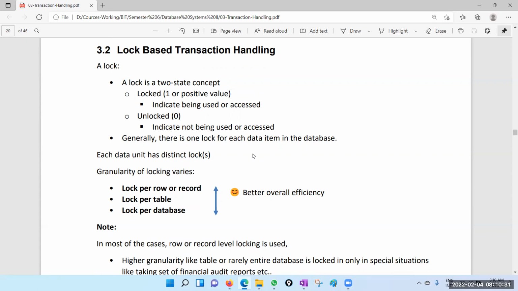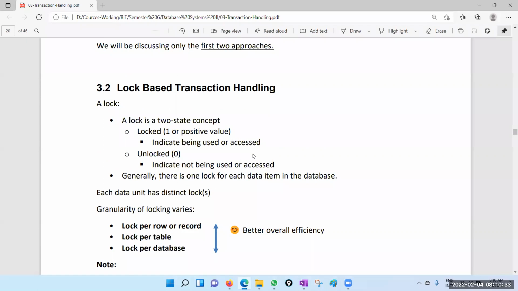It's something like the lock of a washroom. If you want to go to the washroom and someone has locked it, you have to wait until that person comes out of the washroom. That means the lock is released. Now another person can get it. But if there are a few others also waiting, they still have to wait, because only one can take the lock.